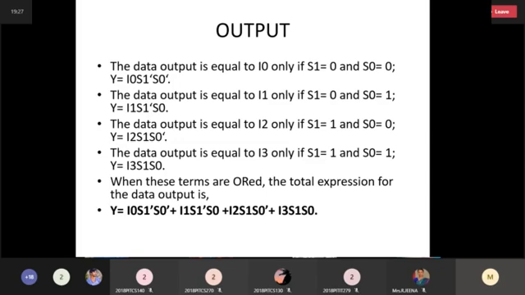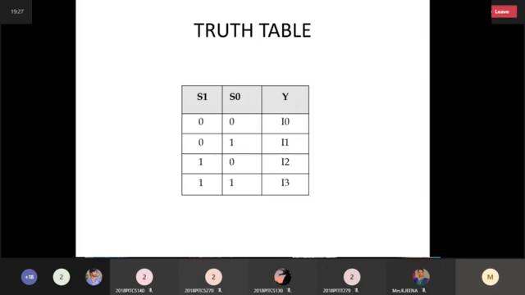So what is the output? S1 bar into S0 bar into I0, because all three inputs go to the AND gate.